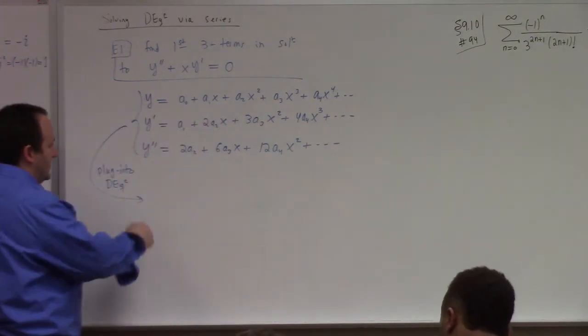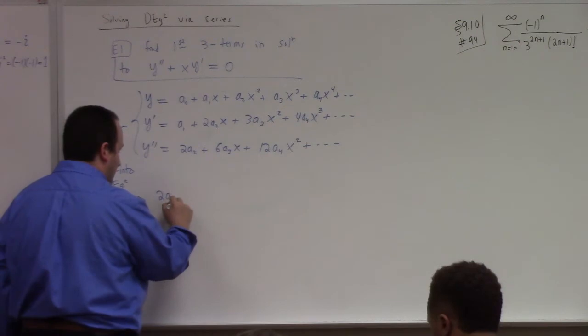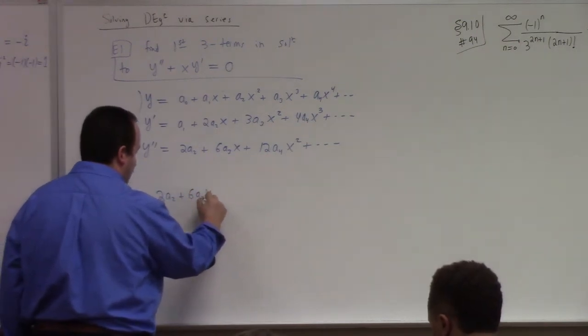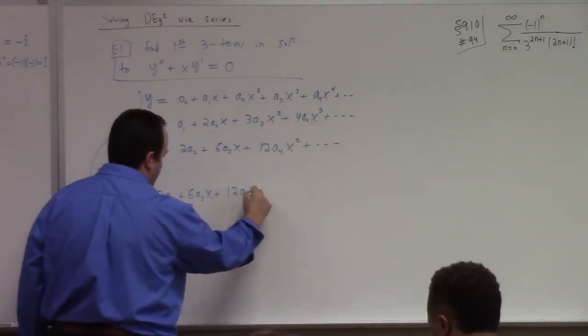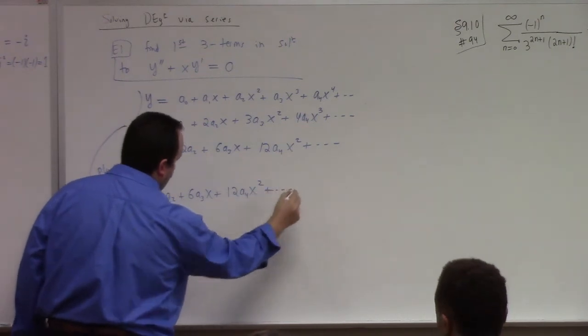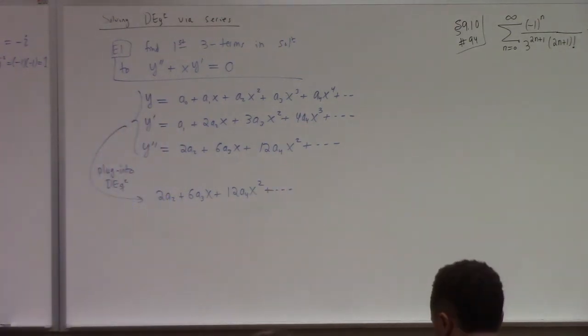So y prime prime gives me 2a2 plus 6a3x plus 12a4x squared. That's my y prime prime term.